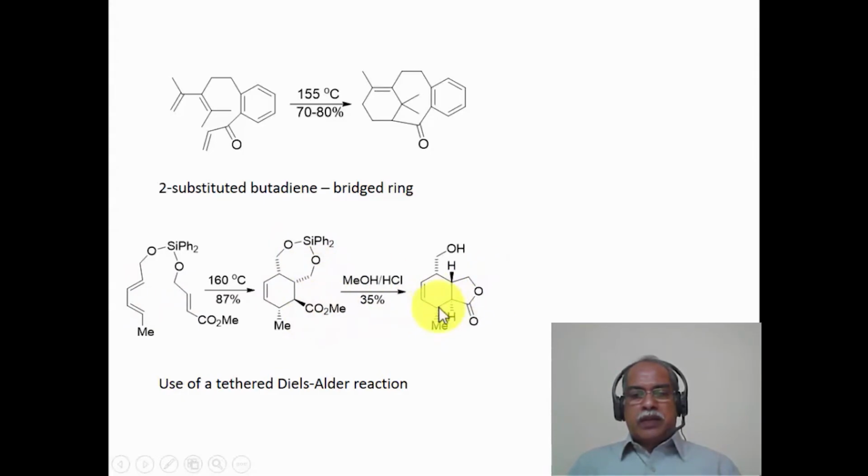So the esterified product, which is the lactone product, is what is obtained during the course of the intramolecular Diels Alder reaction, followed by the workup, which is the acidic methanol workup. Acidic methanol workup is essentially an alcoholysis of this particular silicon derivative, and that results in the formation of the alcohol here, which undergoes the lactonization process to give this particular lactone that is shown here.